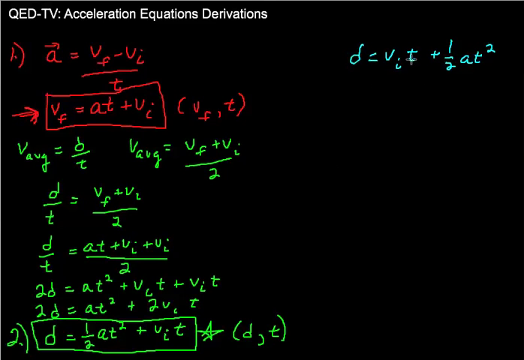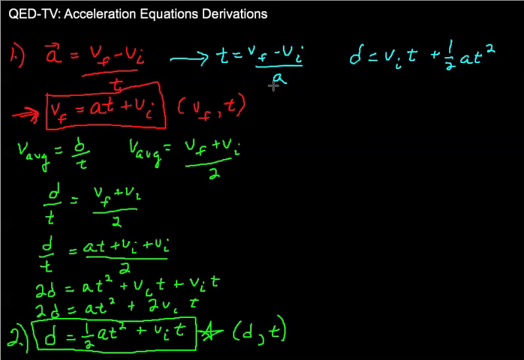So if we can figure out a way to get rid of the t, we'll be good. Well, we can also use our first equation, because we can take this first equation here and rearrange it. So time would equal final velocity minus initial velocity over a.